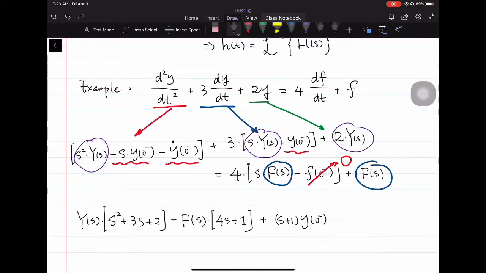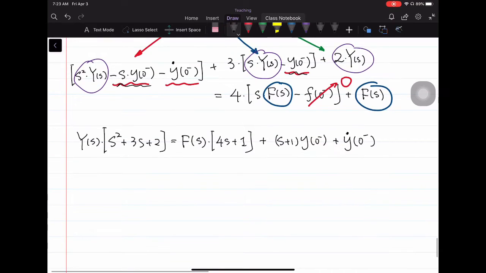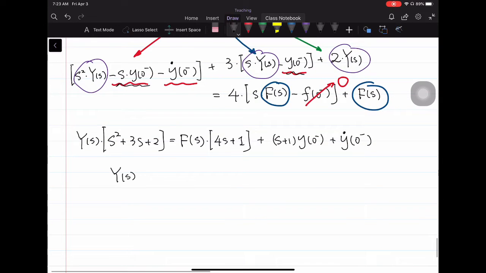So since we have this one and this one, and then plus the initial condition of the first derivative of y. And finally, let me do Y(s). I'll divide this polynomial to the right-hand side of this equation.